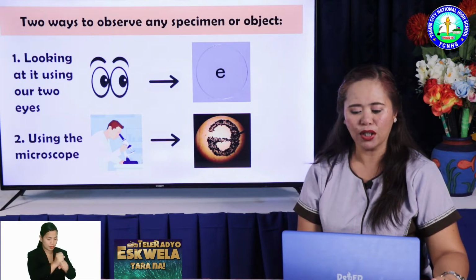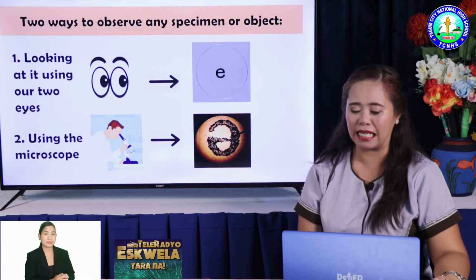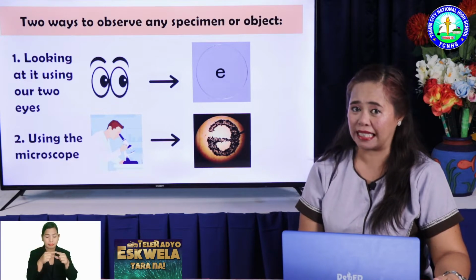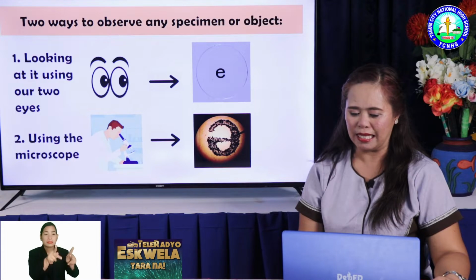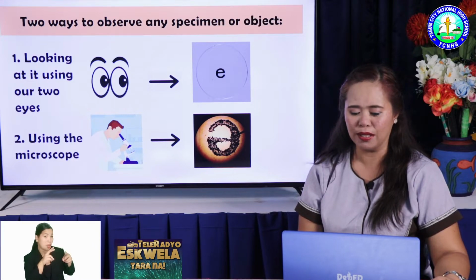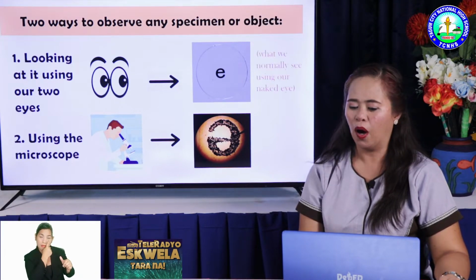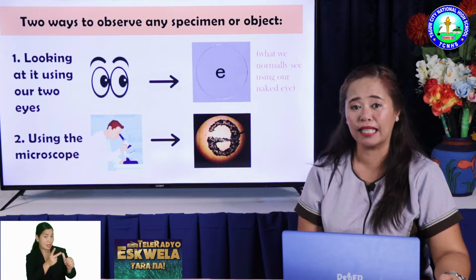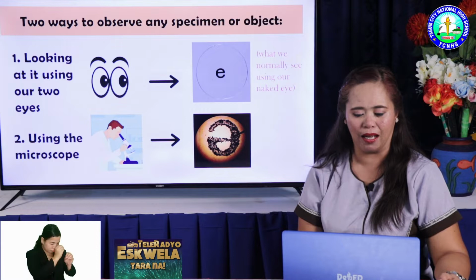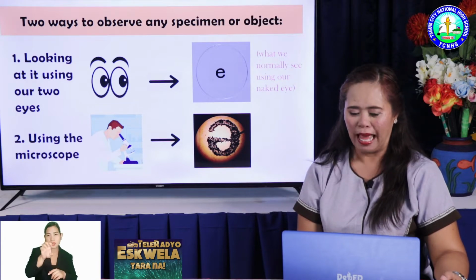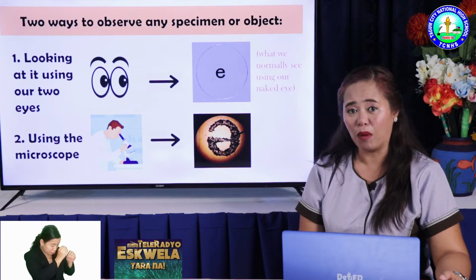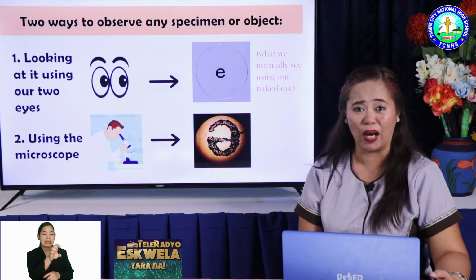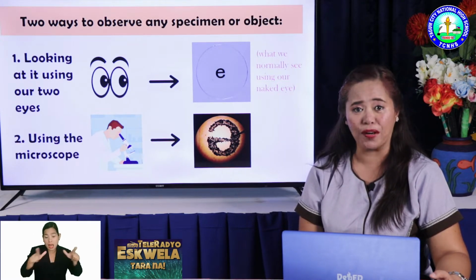We have here two pictures of a small letter E mounted on a glass slide and placed on the stage of the microscope. This is what we normally see using our naked eye. On the other hand, the second picture shows what the small letter E looks like when viewed in a microscope. As you may notice, the small letter E now becomes inverted and enlarged as compared to the first picture.